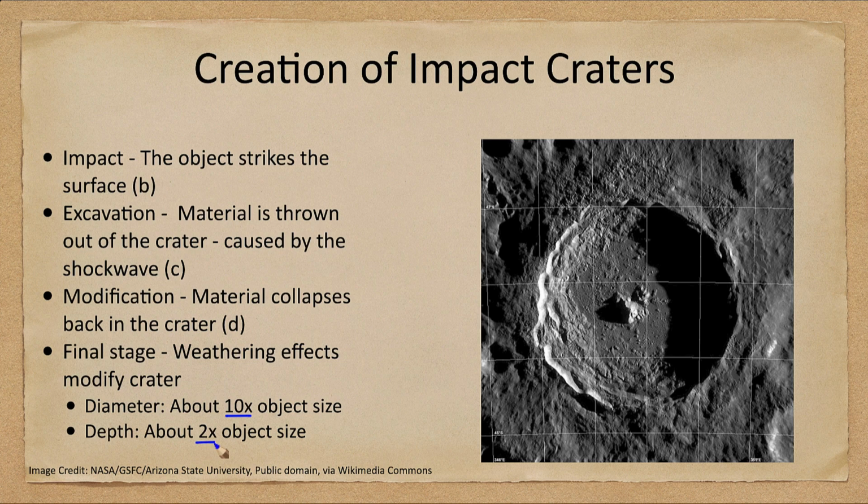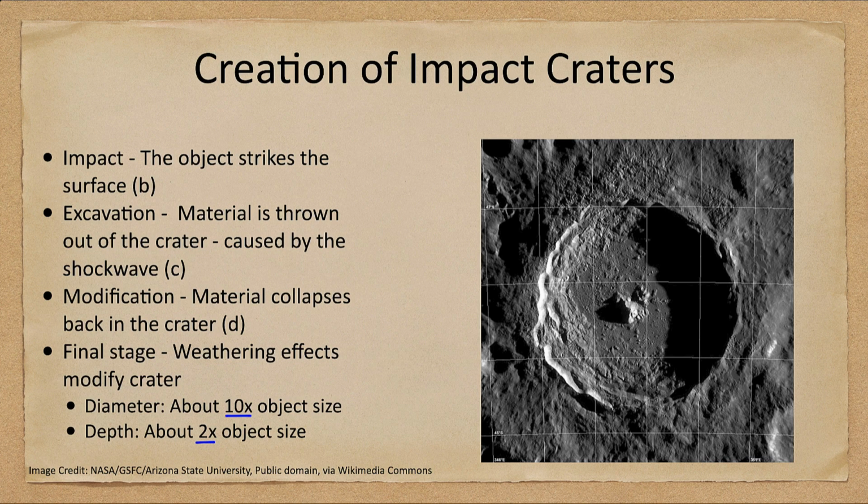So if you had an object that was a kilometer in size, it would form roughly a 10-kilometer crater 2 kilometers deep. So the damage done is much larger than the object itself. So you can imagine as that gets bigger and bigger, if you have an even larger object striking, it's going to form an even bigger crater and an even deeper crater.